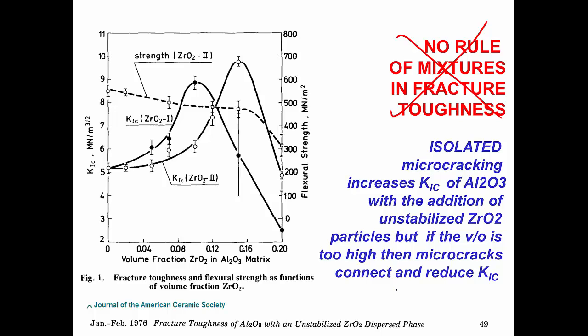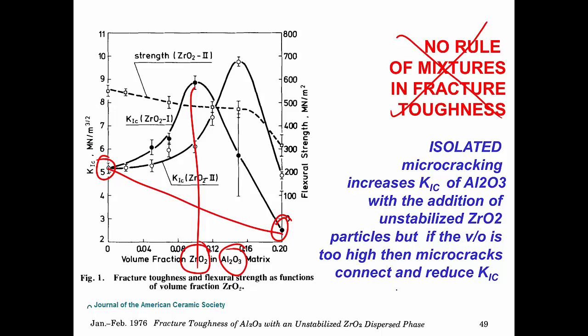This is the variation of fracture toughness when adding, for example, zirconium oxide to an aluminum oxide matrix, and you see that there is a peak. So it's not like I take this and I take that and I get something that looks like this.